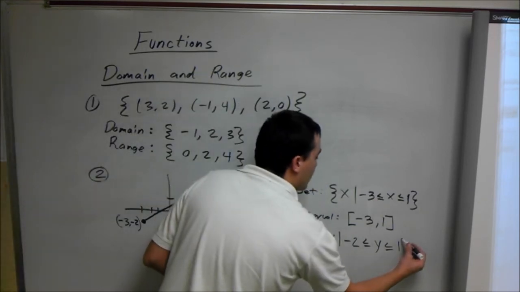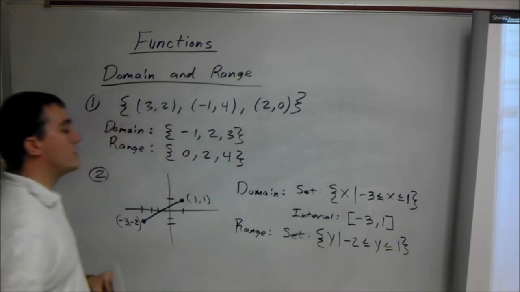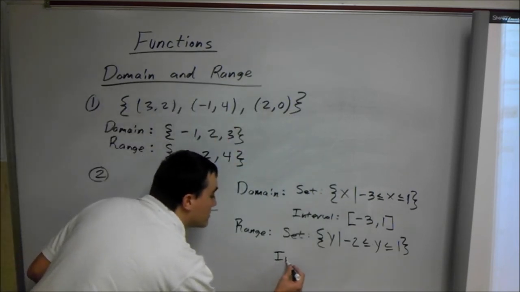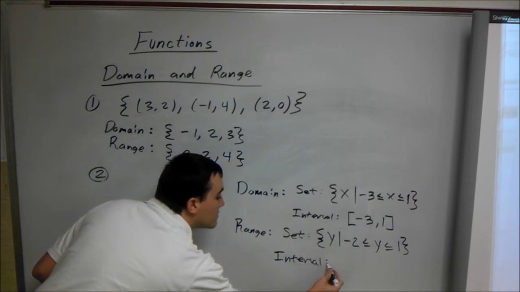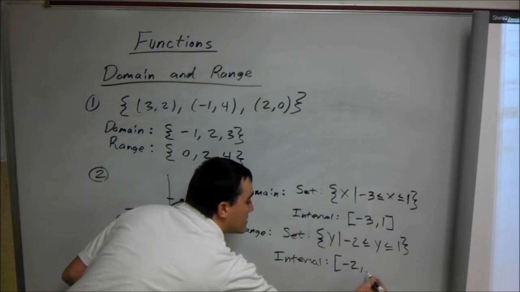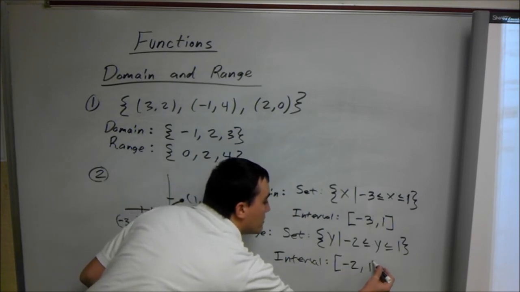So we could say y exists from -2 to 1. And once again, another way of putting that in interval notation would be from, with brackets, -2, comma, 1.